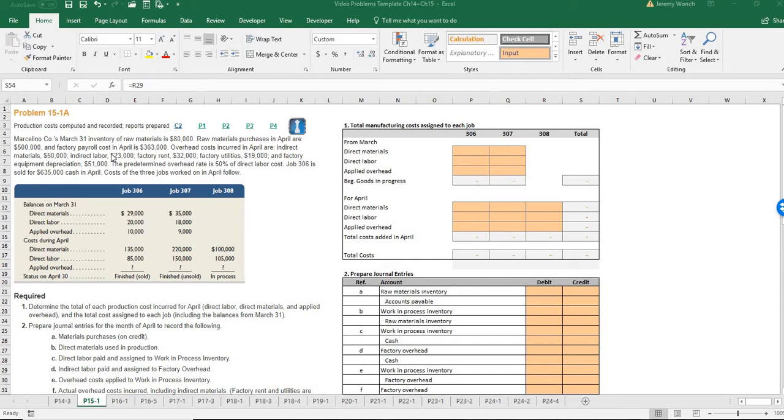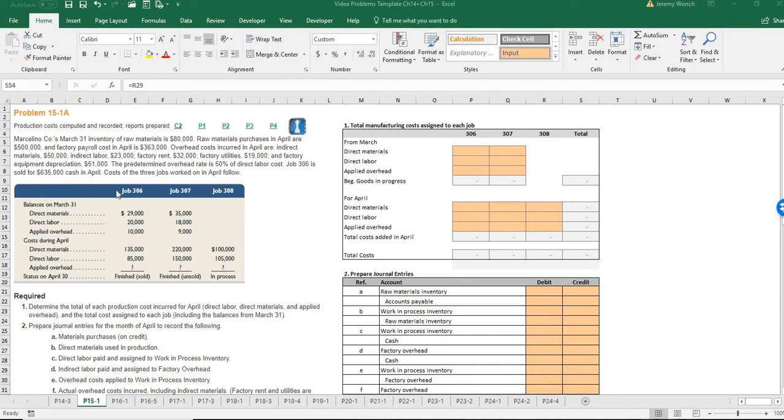Factory overhead payroll cost in April. It gives us our indirect material cost. Other various costs, we'll get to each one of these. And then it tells us we have a predetermined overhead rate of 50% of direct labor cost. So just tuck that away, that'll be important as we come back to it.